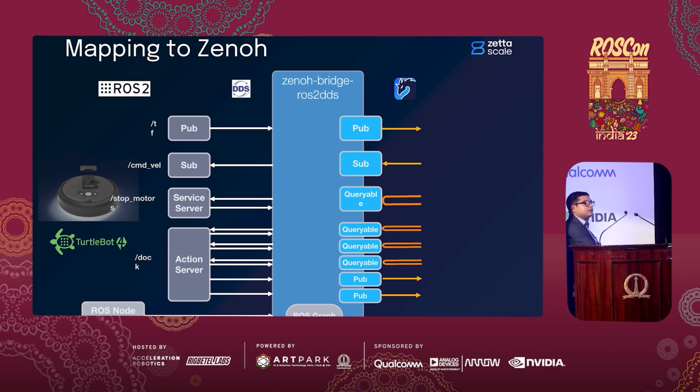It was not there in the ROS2 RMW middleware. By using the queryable, you reduce your entities, and it provides a very efficient way for communication.